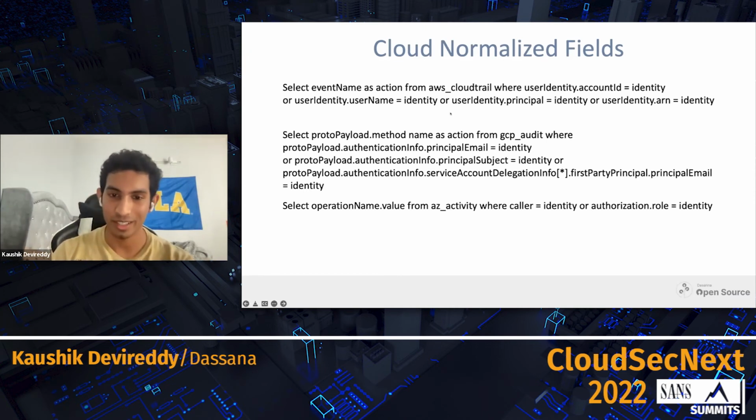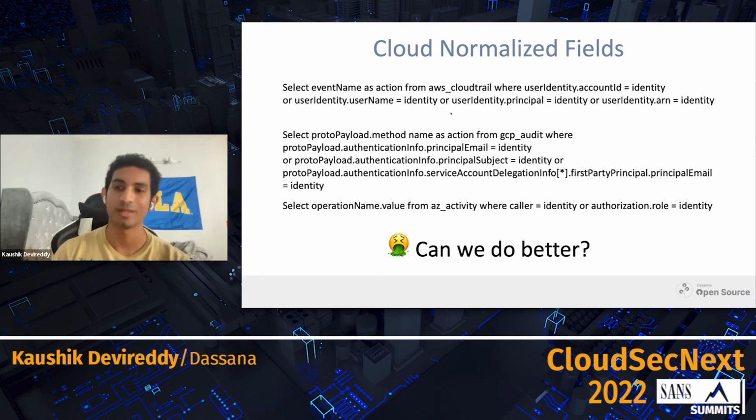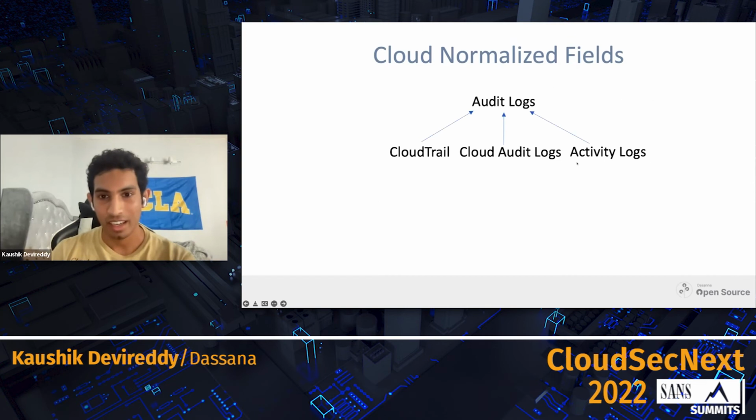Now, writing this query took me about 8 minutes. I had to go to each CloudTrail documentation, GCP documentation, and Azure activity logs documentation, find all the relevant fields, and then write out this query. Is this really the easiest way to do this? Can we do better? The way that I'm thinking about this is all of these logs share certain fields: CloudTrail, cloud audit logs, and activity logs.